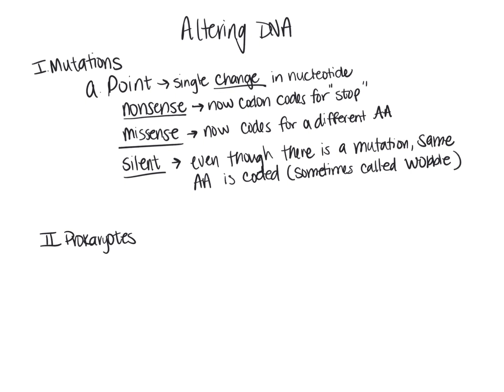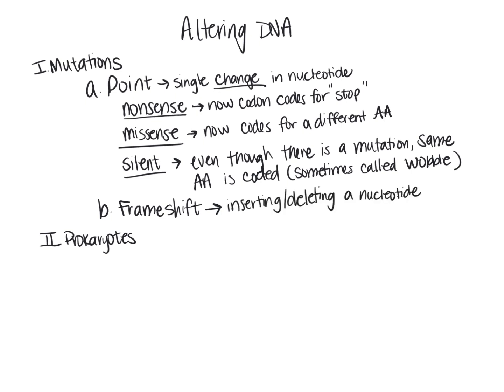The second type of mutation is what's called a frame shift. And this is caused by inserting or deleting one of the nucleotides in either the DNA or in the mRNA. Now you'll know you're looking at a frame shift mutation because everything after the mutation is completely different than the original.